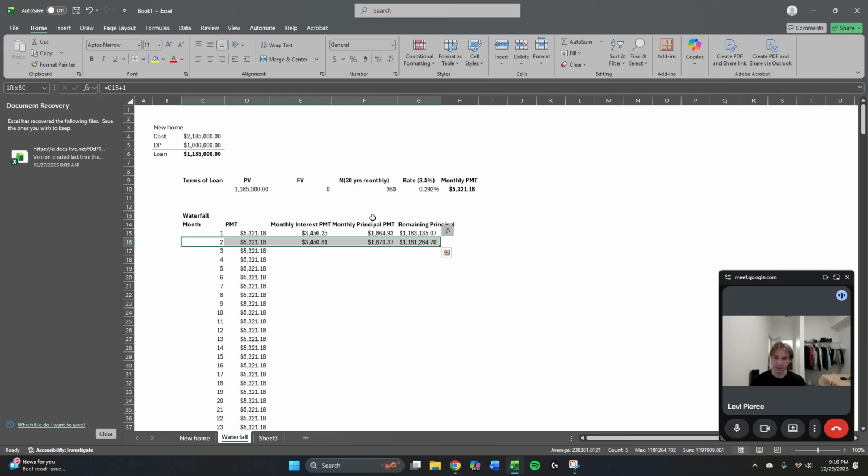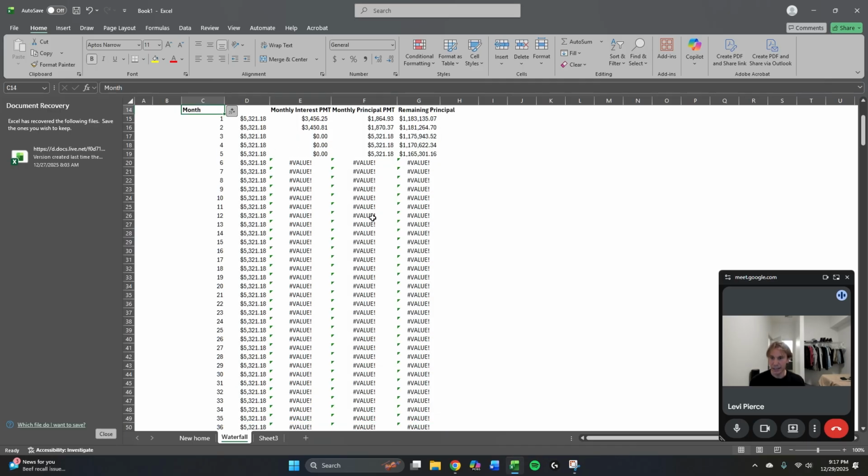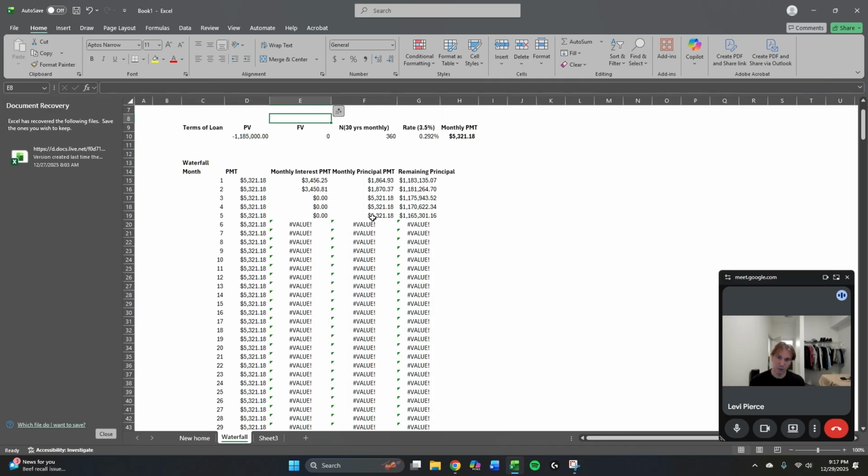I'm going to drag this all down. I can't just drag this down. I need to drag the entire row down. I have the ones there to help. And as you can see, it didn't work. Why would it not have worked? Because I clearly did not lock some cells that were important. I didn't lock this, so I got ahead of myself. There's nothing here I need to lock. We don't want to lock that. We want to lock this, because the rate is what we want to be looking at.